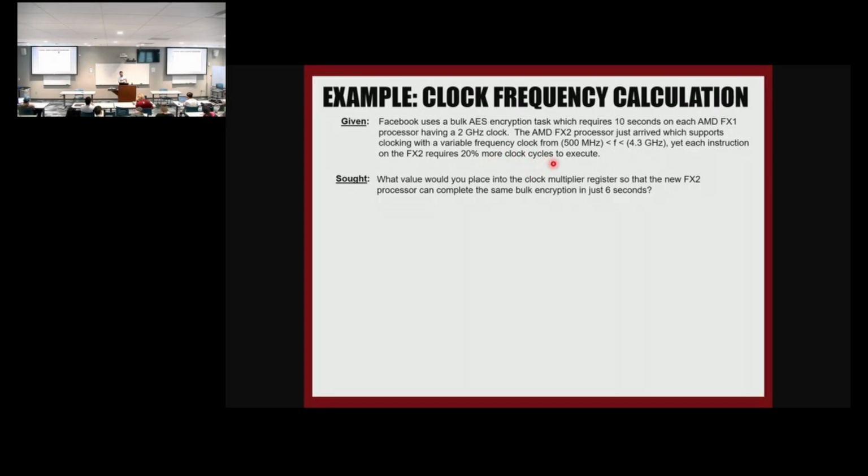You need 20% more clock cycles to execute the task. But your clock frequency can be tuned. So can you tell me what should the clock frequency be here? This is the last thing we're going to talk about in this class, so spend some time on it and try solving it, see if you can do it.